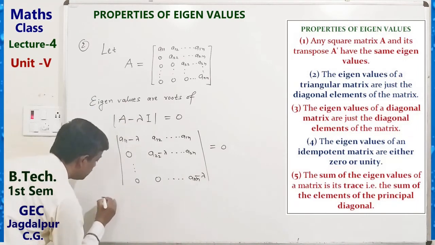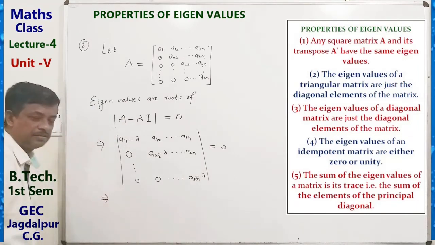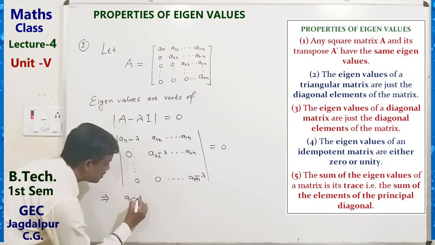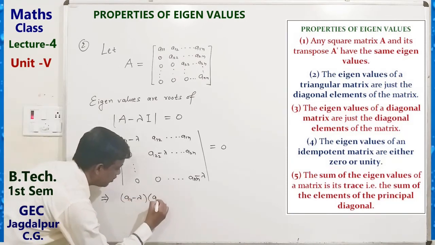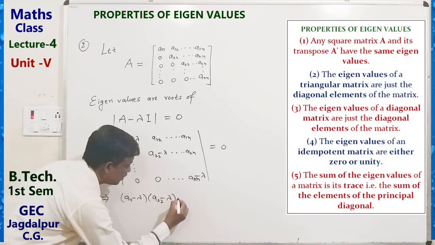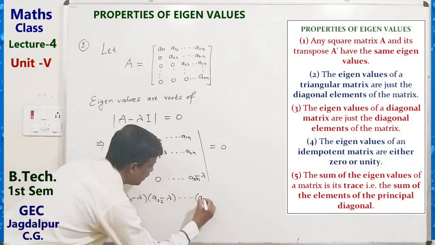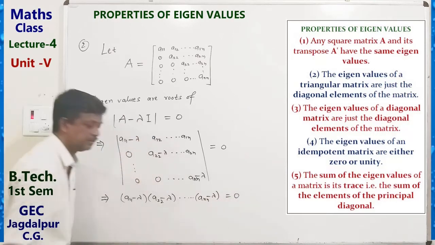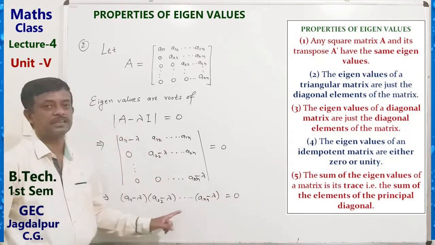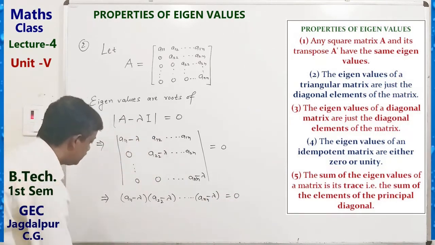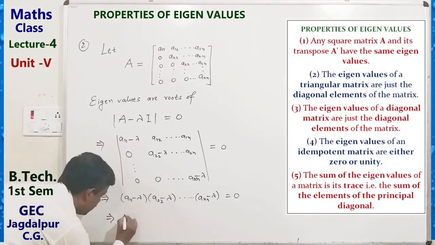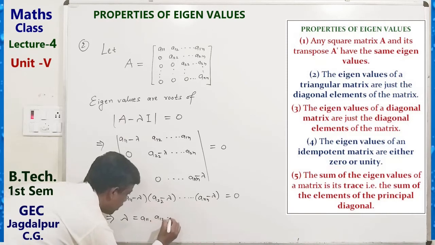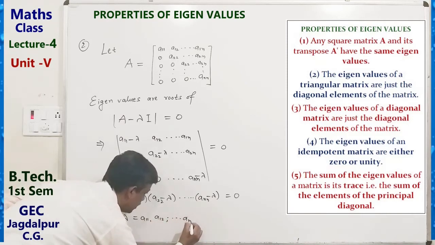Now after solving this, we can get A11 minus lambda, A22 minus lambda, and so on, Ann minus lambda. So this is the characteristic equation, and it gives lambda equal to A11, A22, up to Ann.